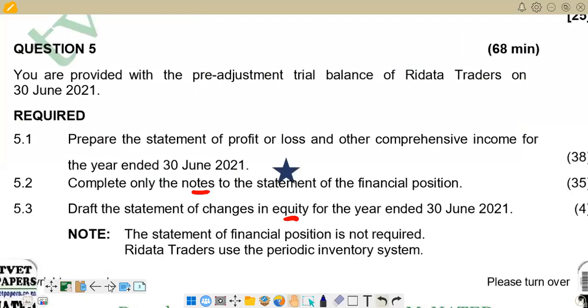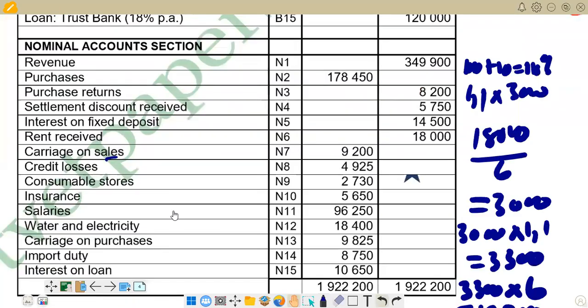If you come to our nominal section, you'll see that here we've got revenue. We are looking for expenses: revenue, not expense, purchases, not purchase returns, settlement discount, interest on fees, deposits, rent receipts, income, carriage on sales. Right, carriage on sales. Remember, carriage on purchases is the one that we included in the trading account under the purchase figure.